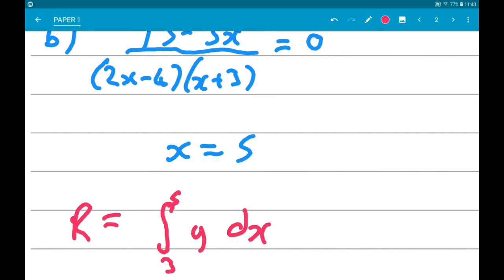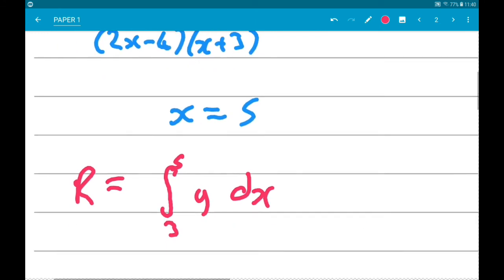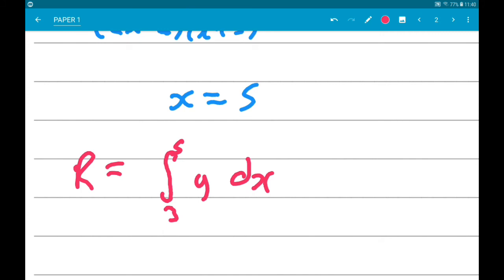Alright, now as it stands, we can't integrate y, so we need to now use partial fractions.